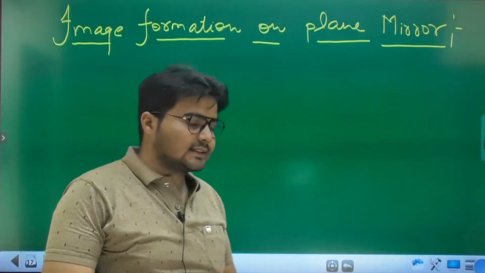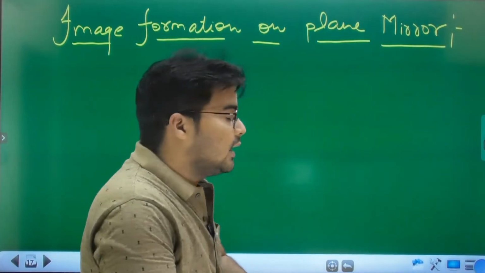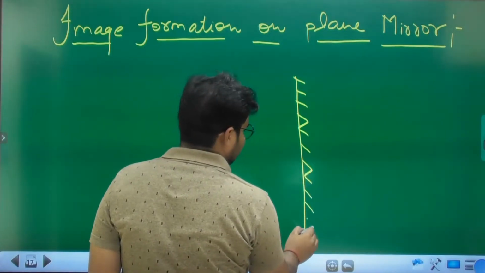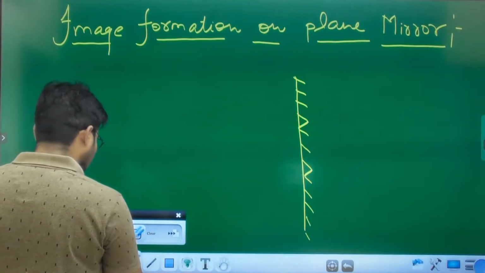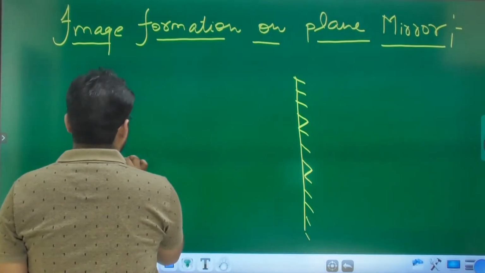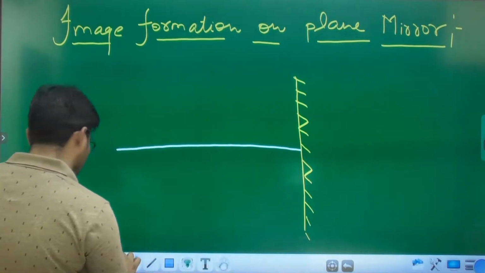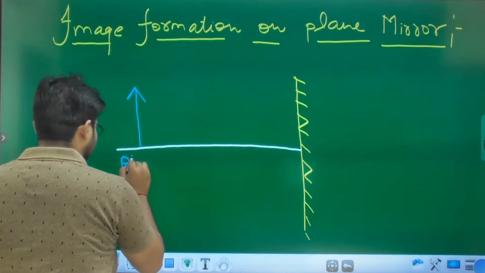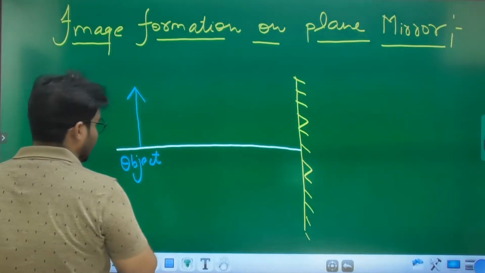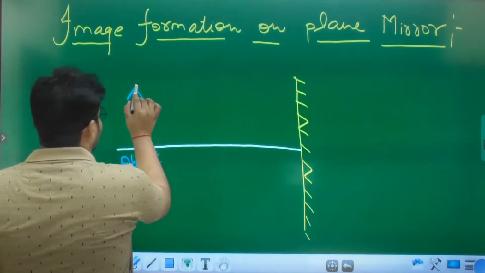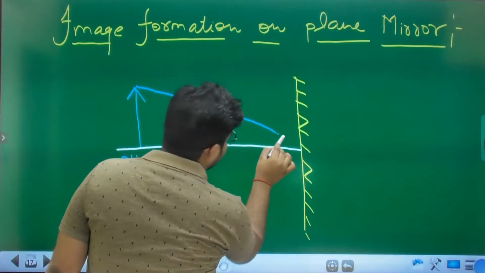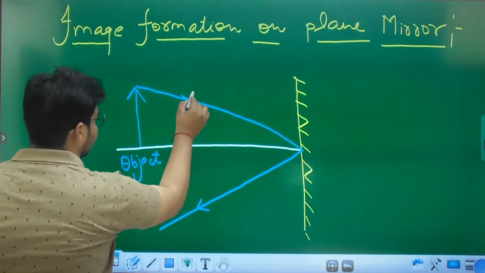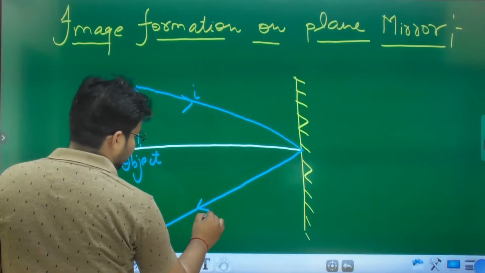Now we will discuss how the image forms in a plane mirror. Let us see. Suppose this one is your plane mirror, and this one is your principal axis, and this one is your object. Clear? So if we take a ray that strikes it, this one is your incident ray, this one is the reflected ray.